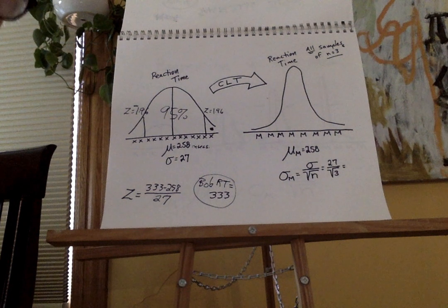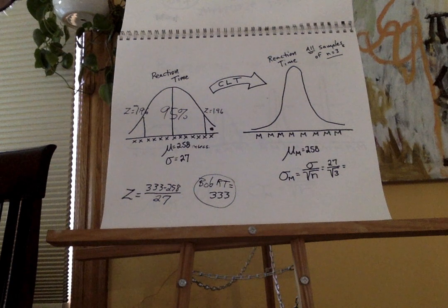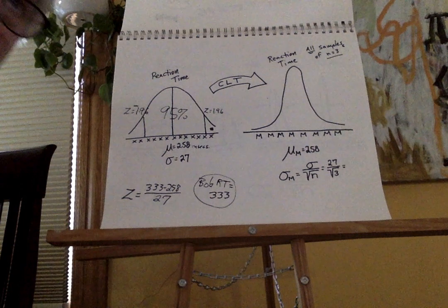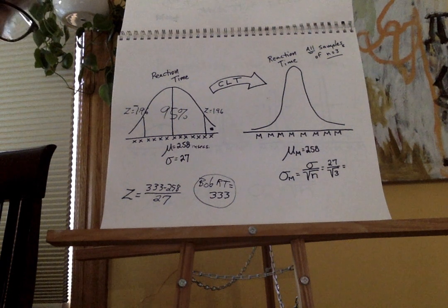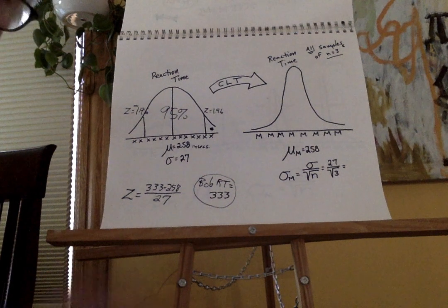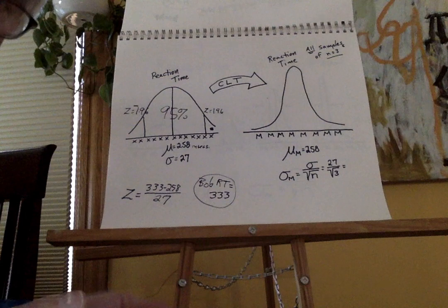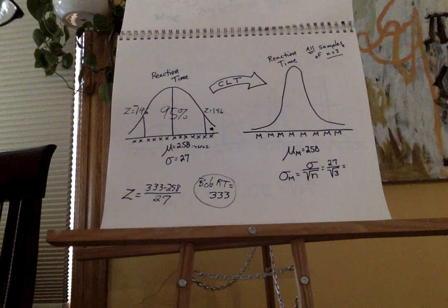We saw 1 of Bob's scores. It's 333 milliseconds. What he's pleading is, listen, that doesn't represent my reaction time. What Bob is saying is, he's got a canvas bag of reaction times, right? There's a population. What's Bob's real reaction time?